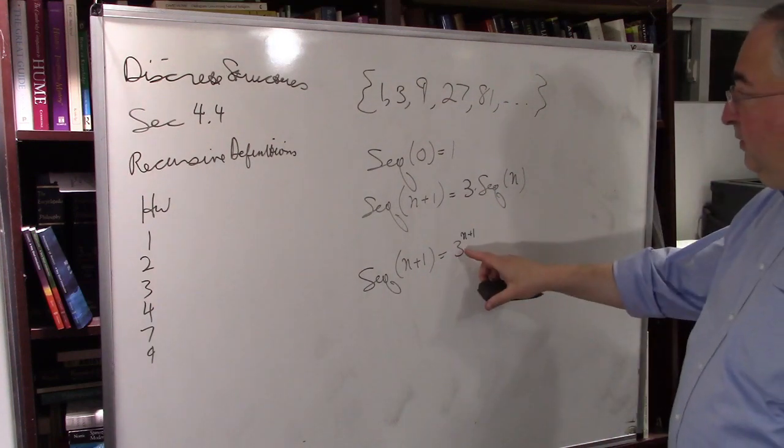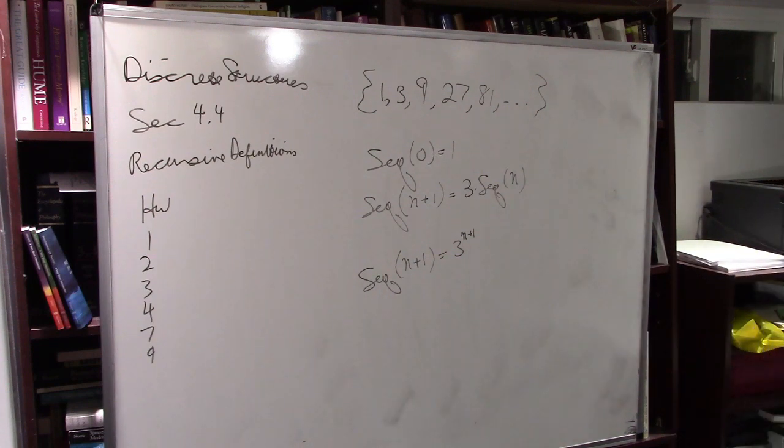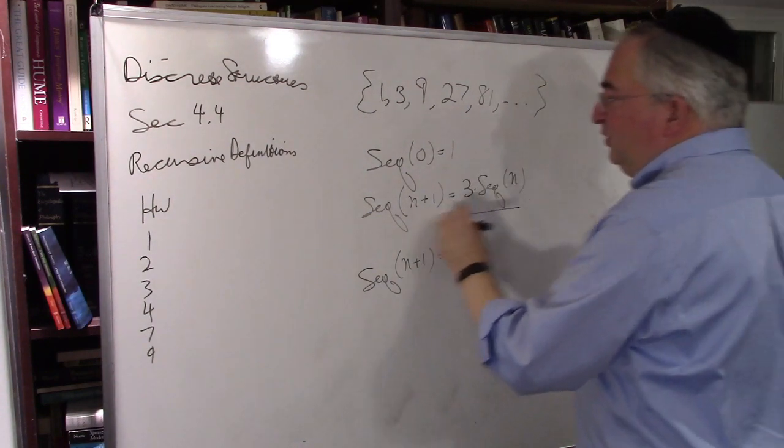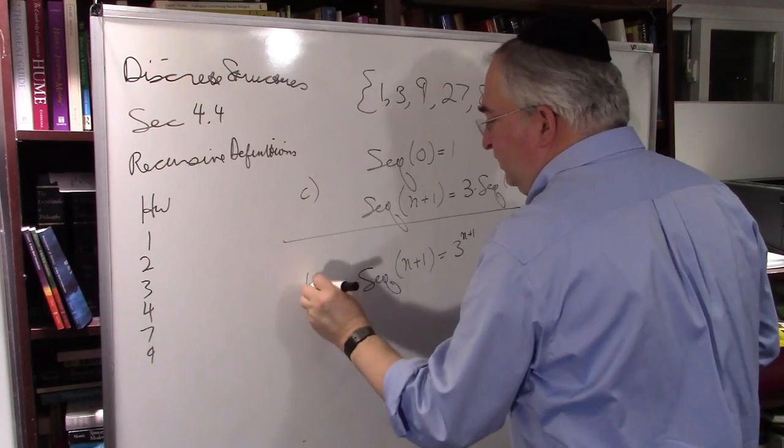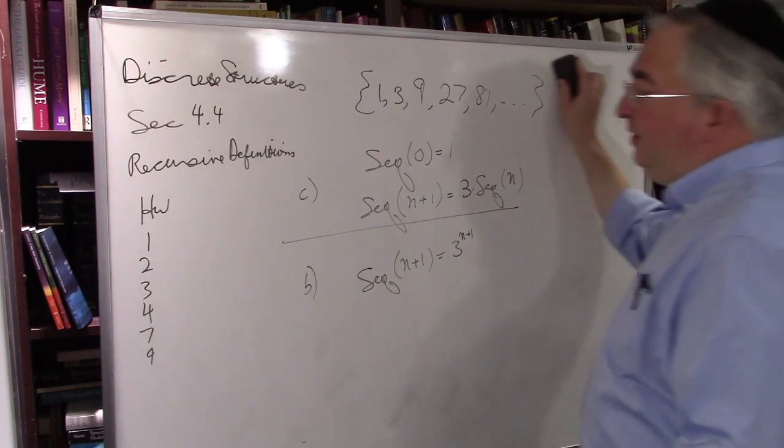Starts off as SEQ of 0 equals 1. I'm not sure I understand the question. The formula. Oh, I'm sorry, I messed up. So here's the recursive one. So this is part C. This is part B. Good. Next. Number 4.